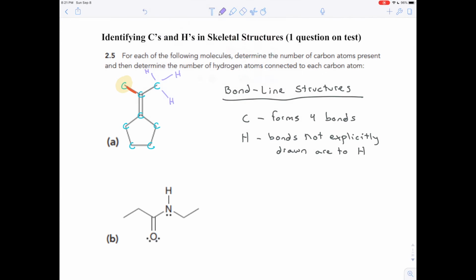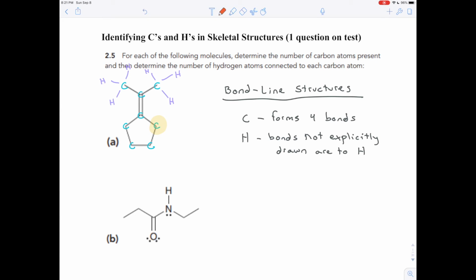So to give it 4 bonds, since it has a formal charge of 0, we'd have to add 3 more bonds. And those implied bonds will go to hydrogens. This next carbon down here has 1, 2, 3, 4 bonds drawn in. Since carbon forms only 4 bonds, that doesn't have any hydrogens on it.